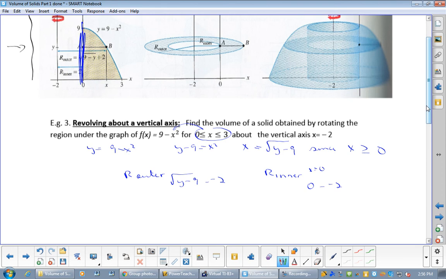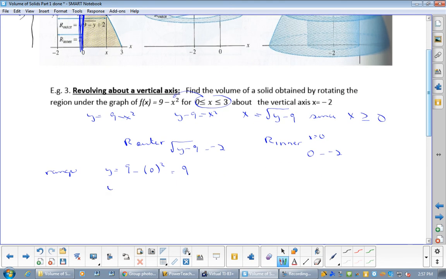So if I put in 0, then I get answer 9. So y equals 9 minus 0 squared, this equals 9.